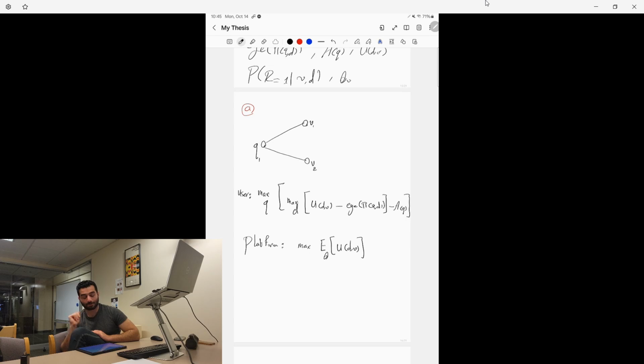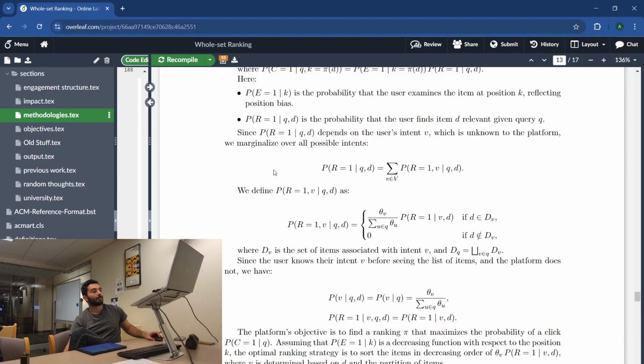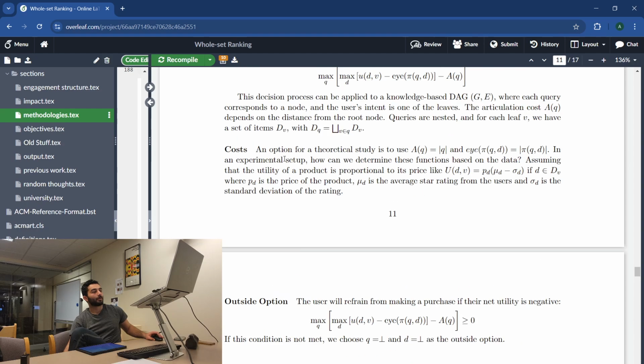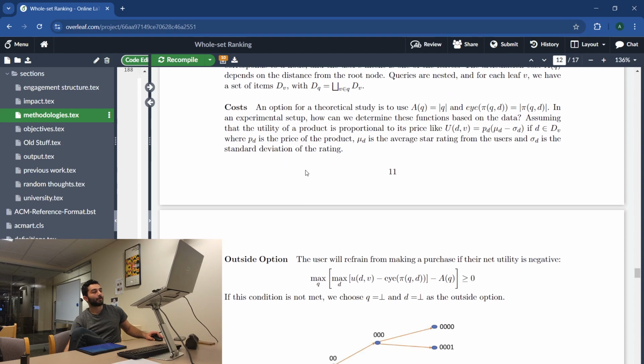So maximize theta this, and also another one is that this term should be non-negative.